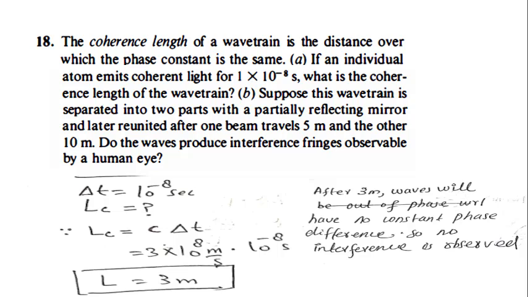Although at a particular point, after this time delta T, if there is a maxima, after some time there may be a minima, but this will be a very rapid change because the time interval is very small. So to a human observer there will not be any kind of interference pattern.